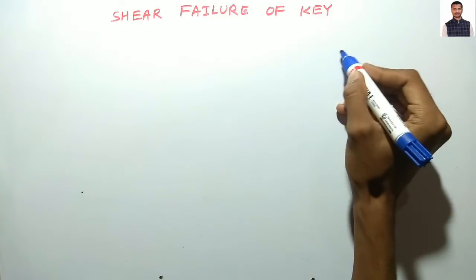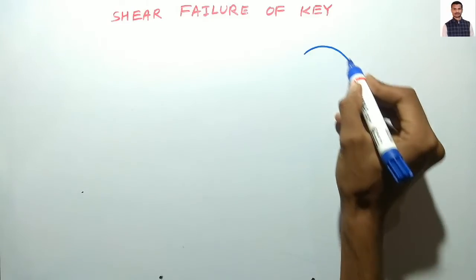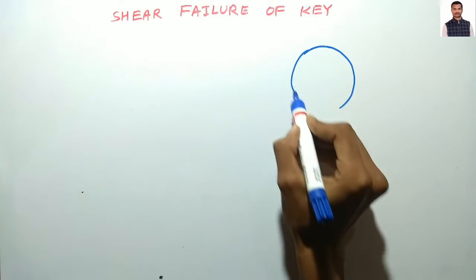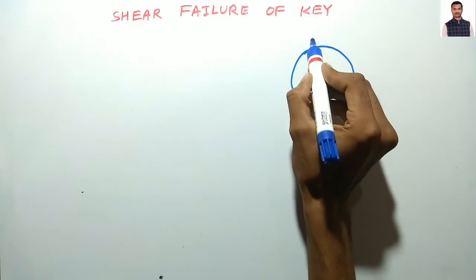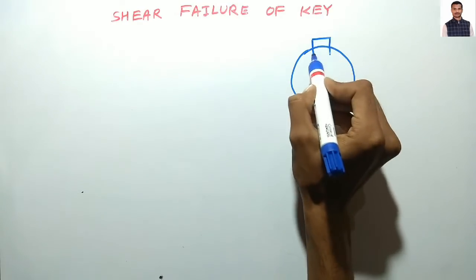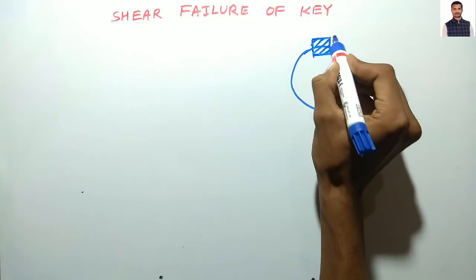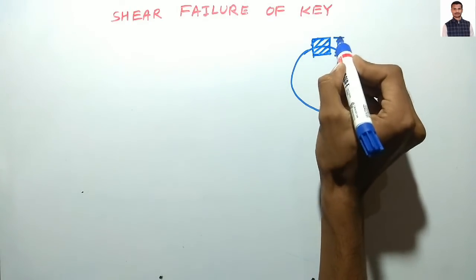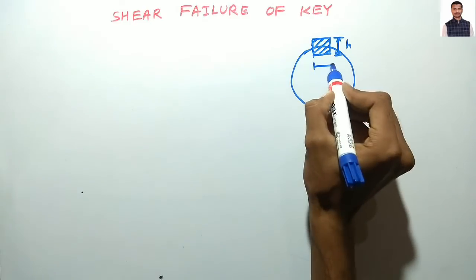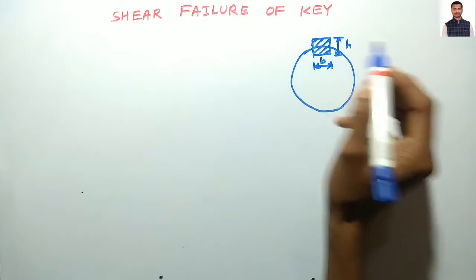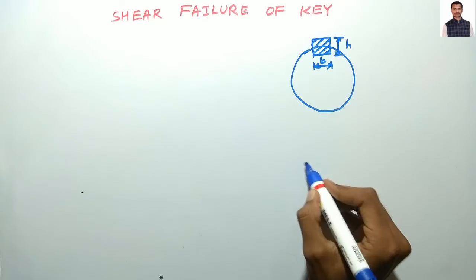Now if this is a shaft and this is key, rectangular or square key, this is the height of key and this is width b.